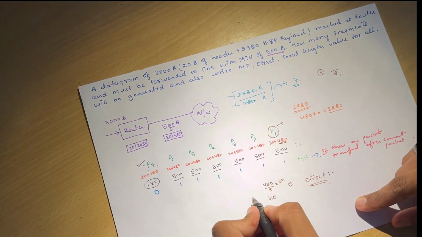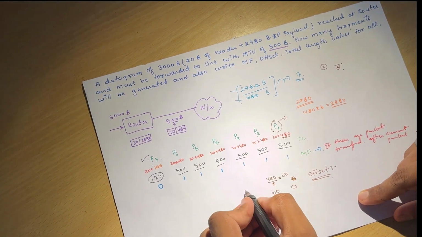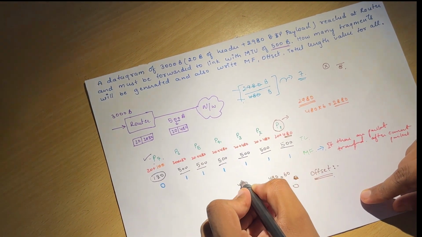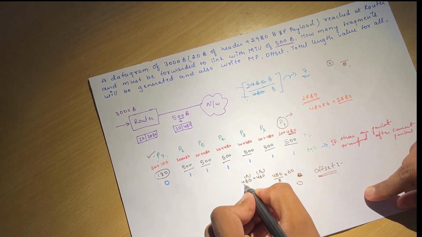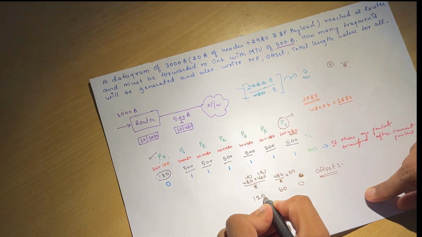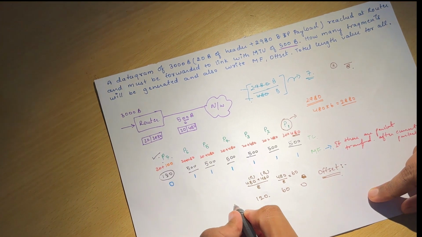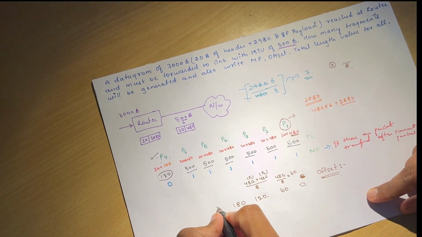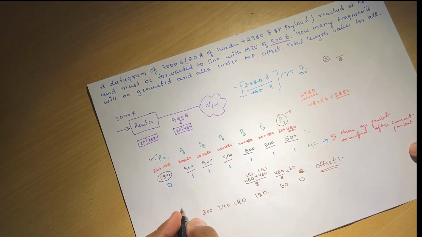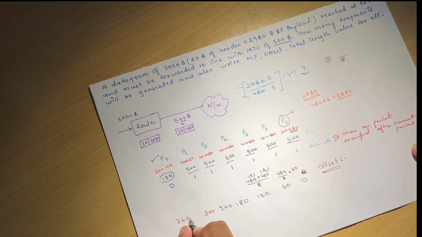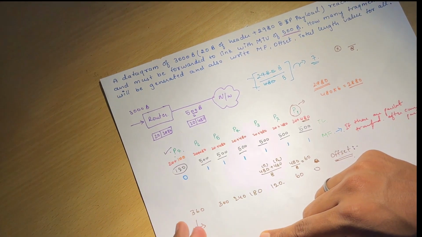Moving ahead, for P3 it will be 480 of P1 plus 480 of P2 divided by 8, which will come to 120. Similarly for P4 it will be 180, for P5 it will be 240, for P6 it will be 300, and for P7 it will be 360.